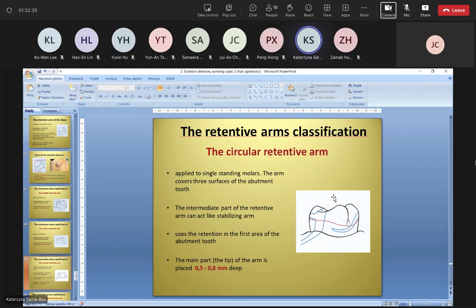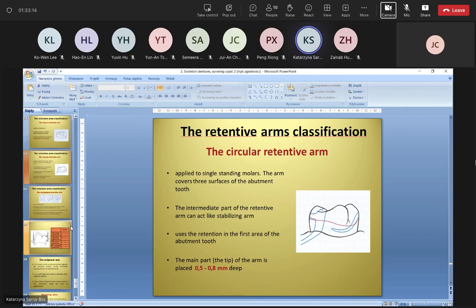The intermediate part of the retentive arm can act like a stabilizing arm because it is placed above the survey line. This kind of arm uses the retention in the first area of the abutment tooth, the area which is placed close to the gap. And the main part, the tip of an arm, is placed 0.5 to 0.8 millimeter deep.